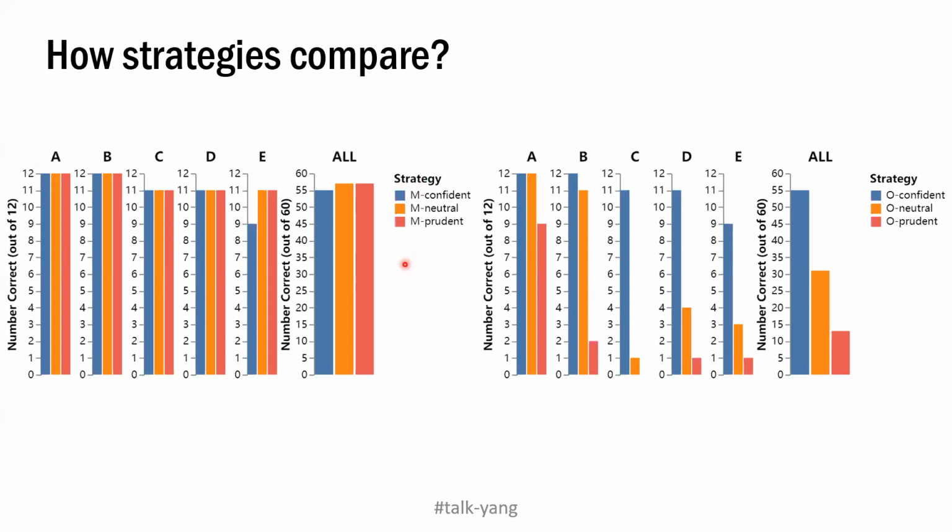As we can see, there's no big difference between the performance of these strategies. On the right are the O strategies. The O-confident strategy has the same performance as the M-confident strategy because they are mathematically equivalent. And the other two O strategies contrast sharply with their counterparts in the M strategies.